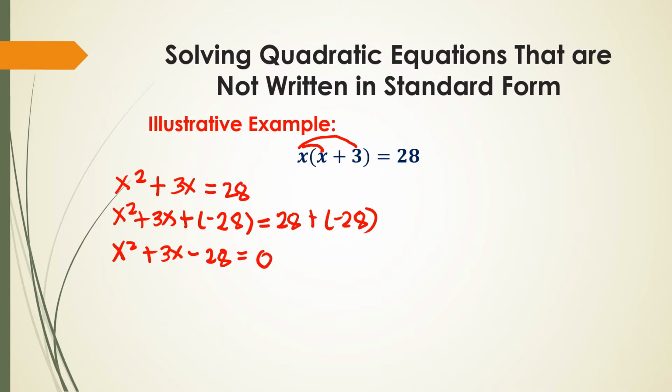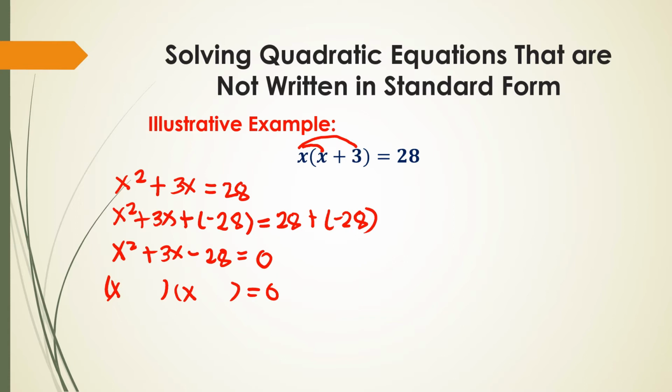Since it is already written in standard form, we can solve it by using factoring, completing the square, or quadratic formula. So, let's use factoring. Okay? So, x squared ito. So, paghiwalay natin, x and x.